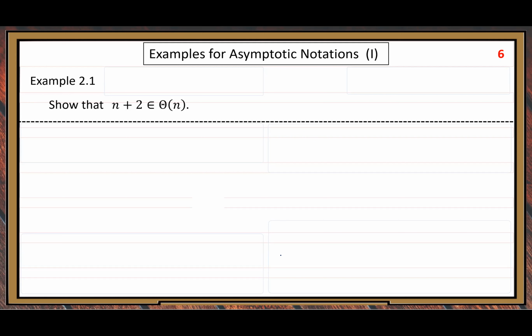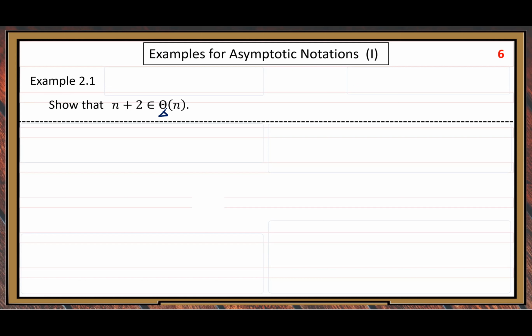Very simple, right? So I show you how to solve this question. Here you see big theta. So you know the meaning of big theta, right?